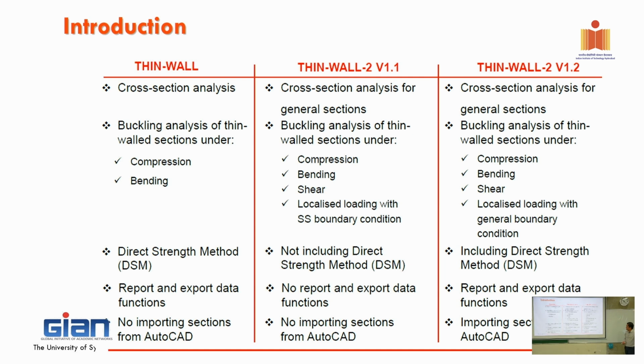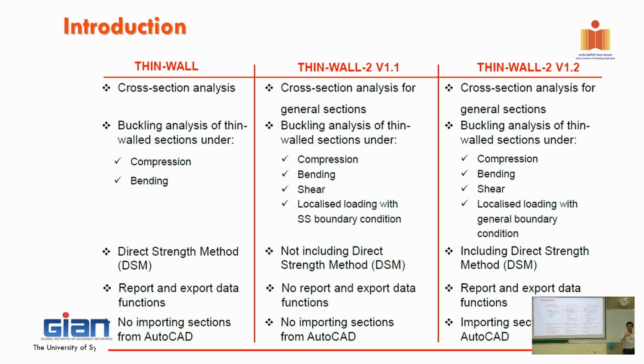The other function that is different with the commercial one is that you can click export and it will export the whole report for you. This is very important for a company when they want to put in a bid or design package something, they can export the report. Also, it allows you to draw the cross section in AutoCAD, import that into THIN-WALL-2 and run it.